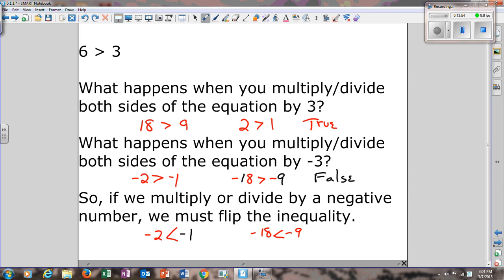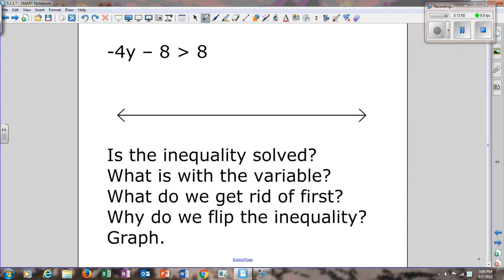Now let's take that and apply it to a more useful problem. We start with negative 4y minus 8 is greater than 8. First, is the inequality solved?